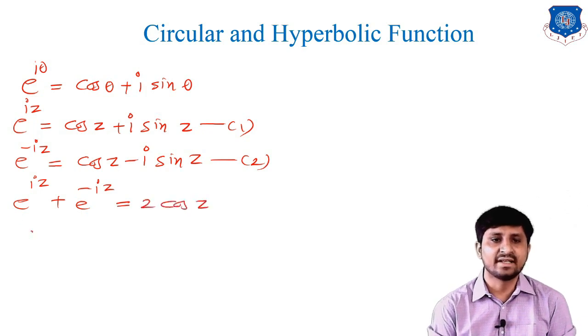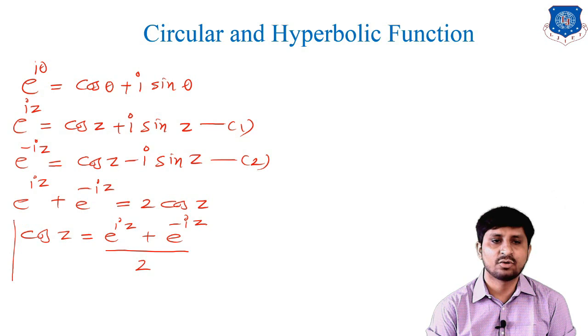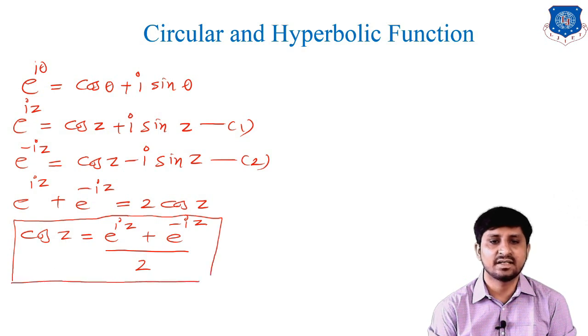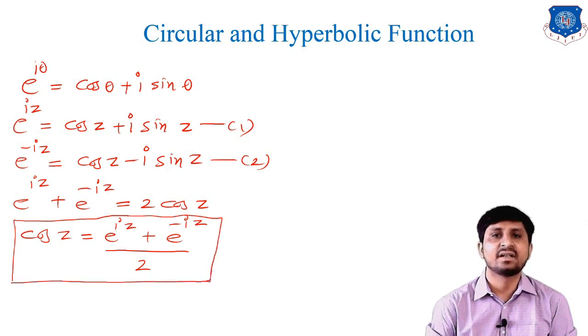And finally cos z can be written as e raised to iz plus e raised to minus iz divided by 2. This is a very important formula that you have to remember.